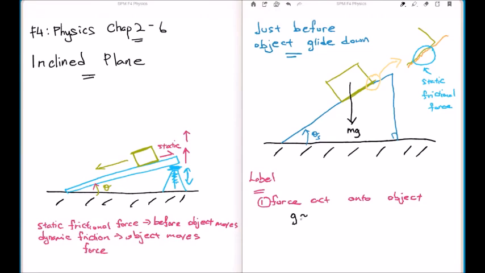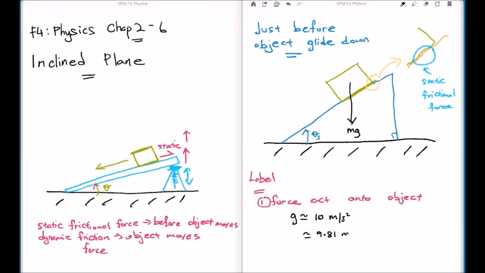So the value for this gravity, as in for SPM, you may regard as 10 meters per second squared. As it is limited to SPM only, you may use 10. Otherwise, a more accurate answer would be 9.81.